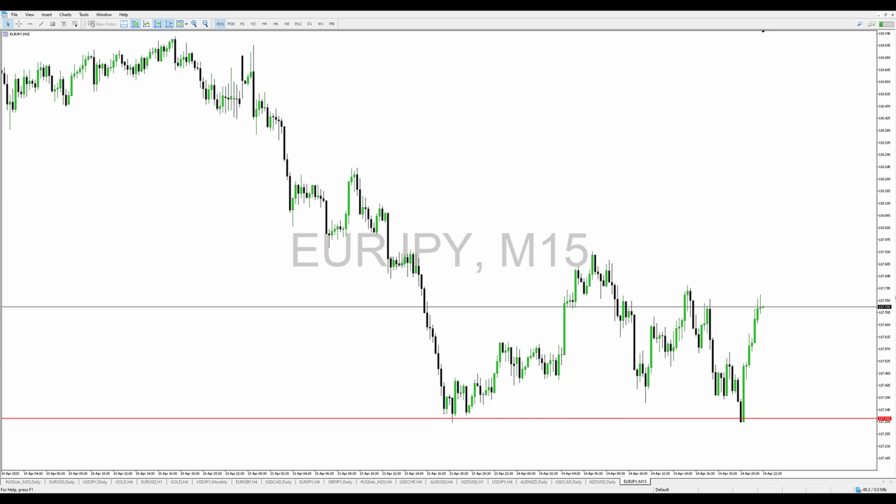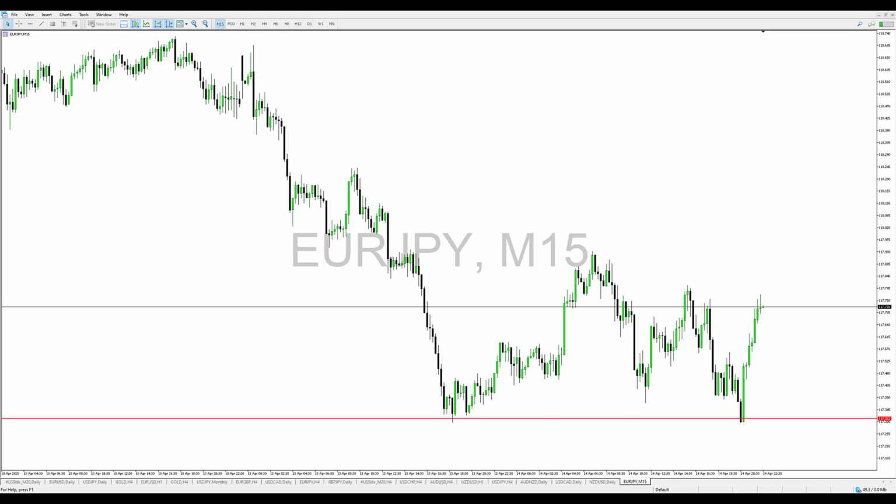Now when it comes to time frames, many people always ask me, Ivan, which time frames really work in terms of plotting support and resistance?